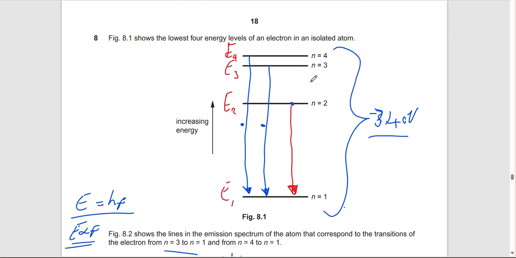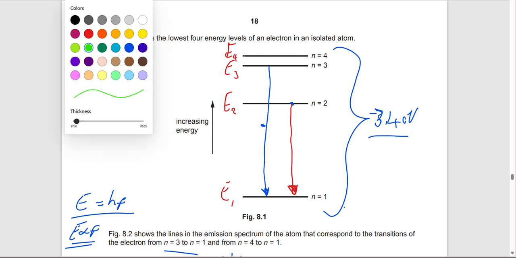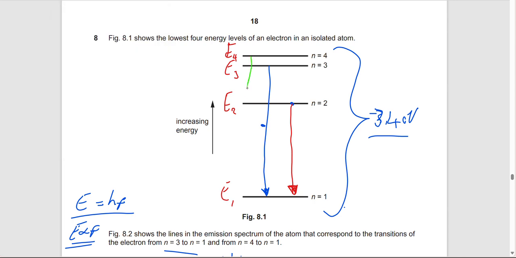Like even the length, you can just use the length of the lines to determine that. See, the length of the lines from n equals to 4 all the way. This whole line here, first blue line. Let me change the color so that it's clearer. Just put it to green. Right.